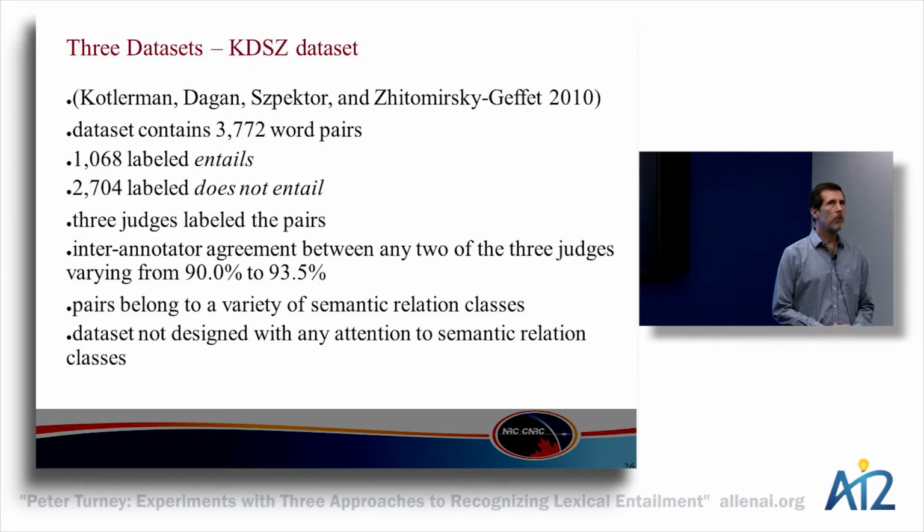The instructions to the annotators say, if you can imagine some kind of sentence where there's entailment, then label it as entailed. So with the dog-animal thing, you can imagine sentences where they don't entail, but the important thing is you can imagine sentences where they do entail. That's the instructions they give to the annotators.